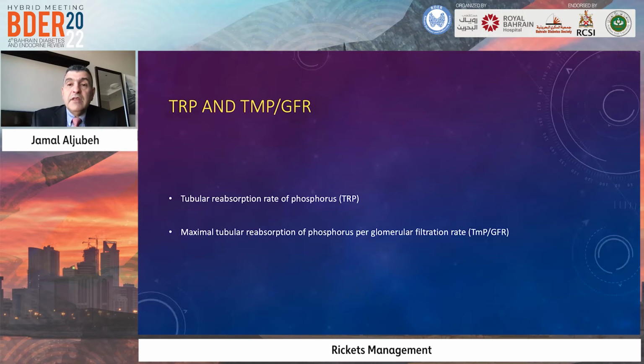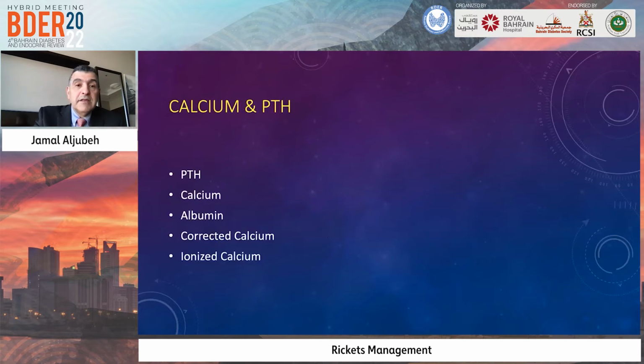However, if the phosphate in the urine is decreased, then this indicates that this patient has a nutritional deficiency of phosphate. In all other types, the phosphate in the urine will be increased. And one important formula is the maximum tubular reabsorption of phosphate over GFR.